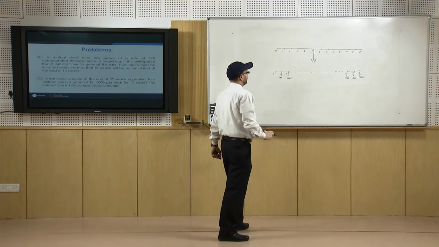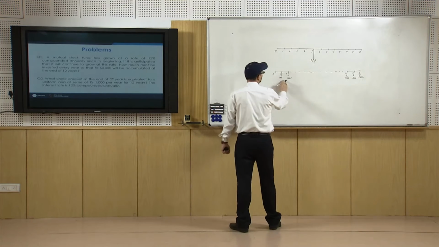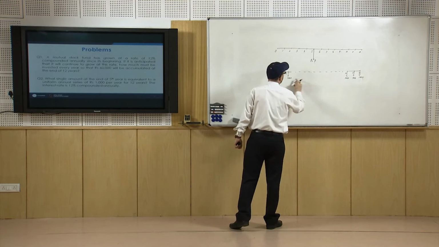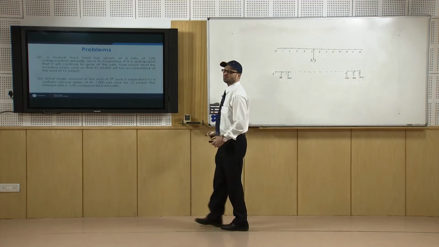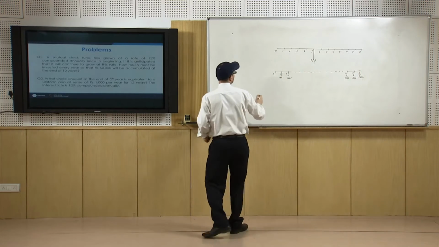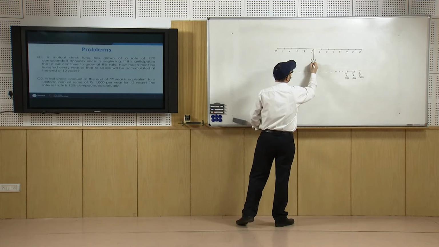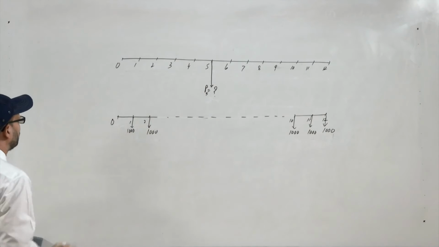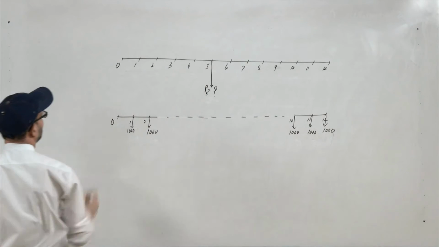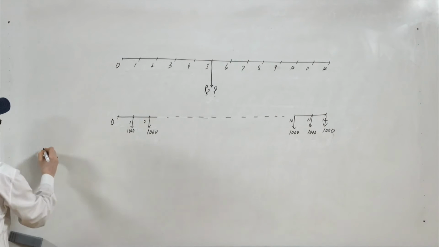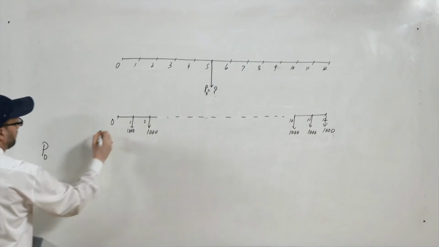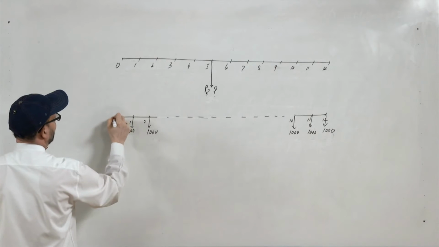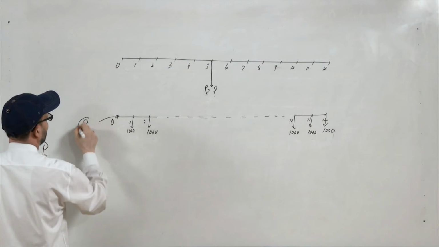So, the present value for this whole equal series, we can write as P5. So, we need to have first P0.